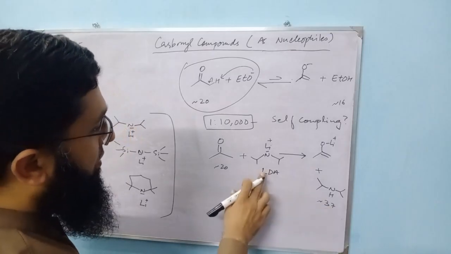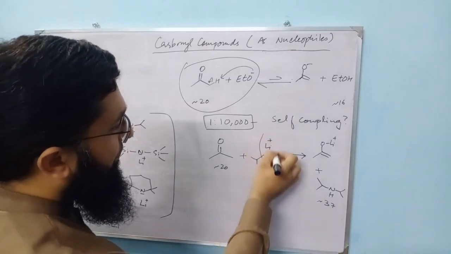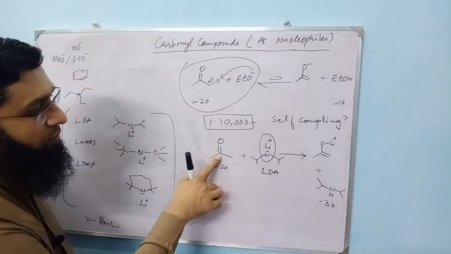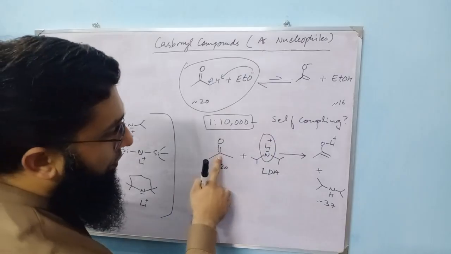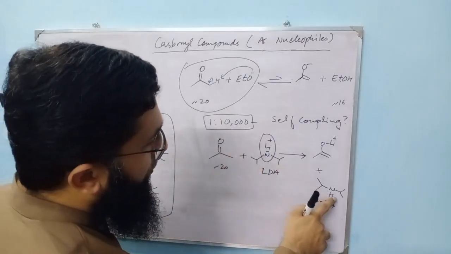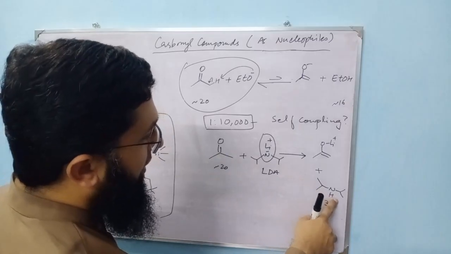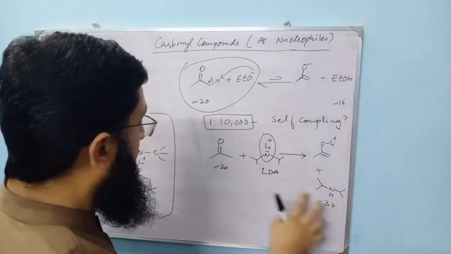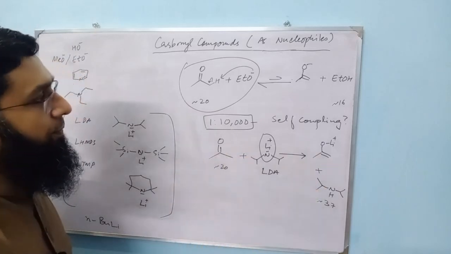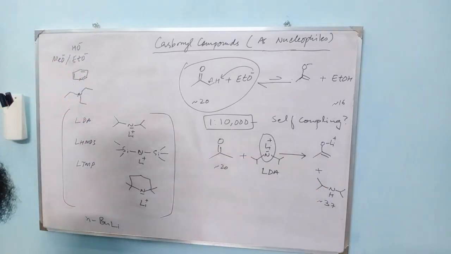Therefore this base is sterically crowded and cannot undergo addition or substitution reaction, and also it can abstract proton from here, and the conjugate NH acid is still highly basic for backward reaction. So in this case only forward reaction would occur. So that's why we choose stronger non-nucleophilic bases depending upon the reaction conditions.